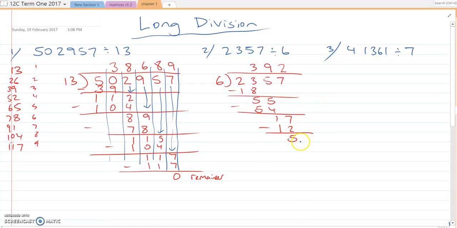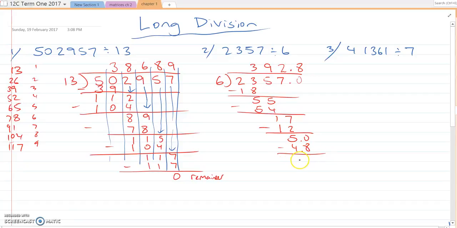Now I can actually keep going here, because I've got decimal places. If I wanted to get a decimal answer, I could now bring the next number down, which is a 0. Okay, 6 into 50, 8 times, which is 48.